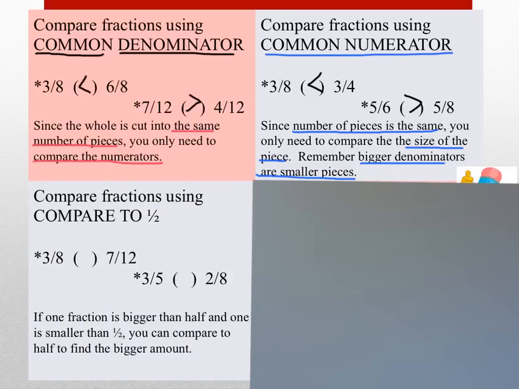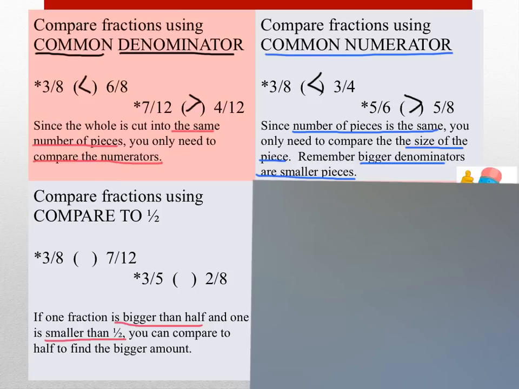You can also compare fractions using compare to 1/2, as you learned with benchmarks. This works when you have one fraction that is bigger than 1/2 and one fraction that is smaller than 1/2. In that case, you can compare to half to find the bigger amount.